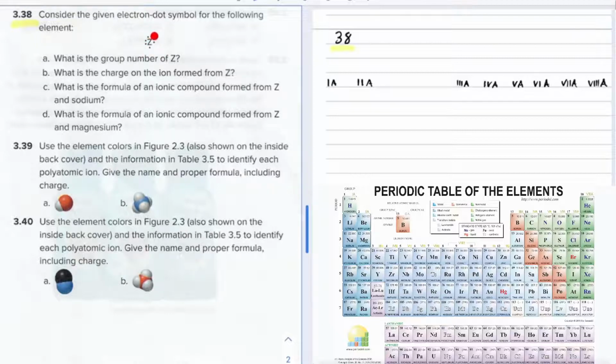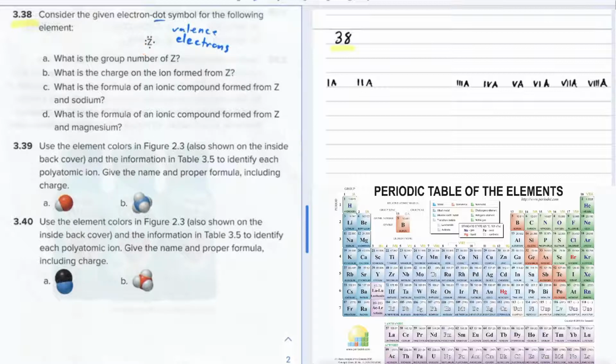These dots right here refer to valence electrons, or outer electrons. Now it's pretty easy to know how many dots an element or an atom gets.